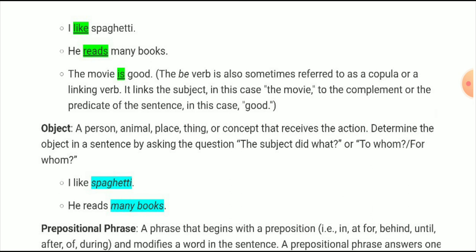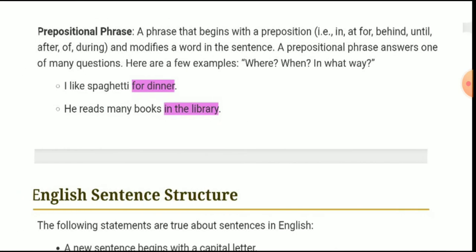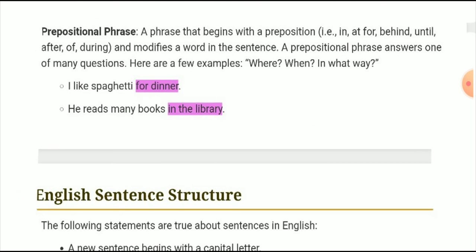A prepositional phrase answers one of many questions. Here are a few examples: where, when, in what way. I like spaghetti for dinner. So here for is the preposition and it is joining the sentence. He reads many books in the library. So in is the preposition.